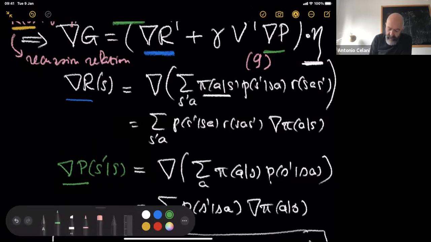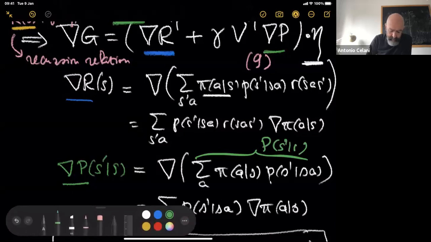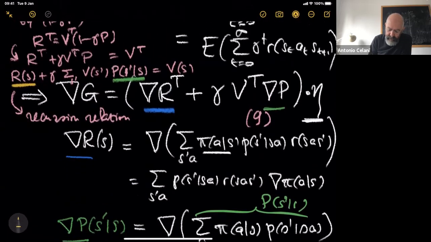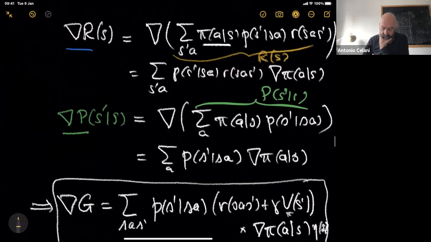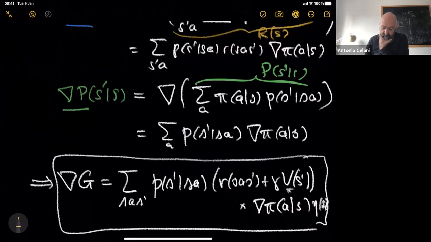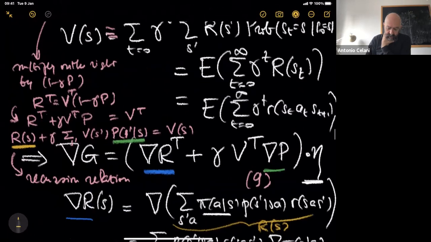This is just the definition of P. And this is just the definition of capital R of S. All right. So when we plug everything inside, that's what we get. This is our equation 10.